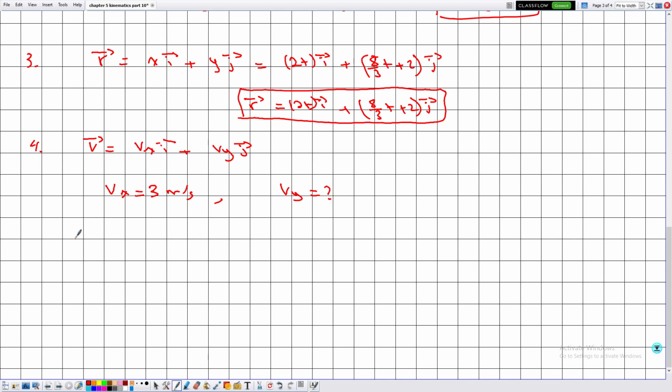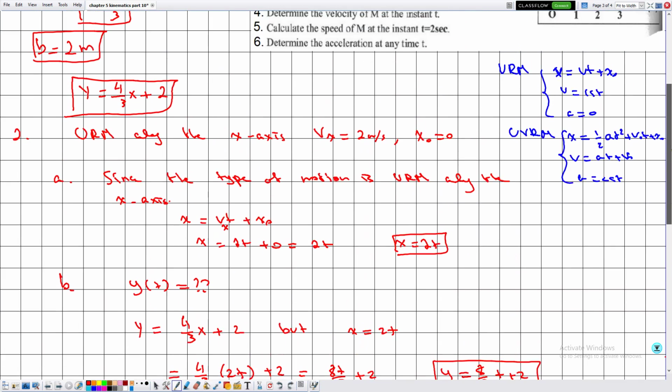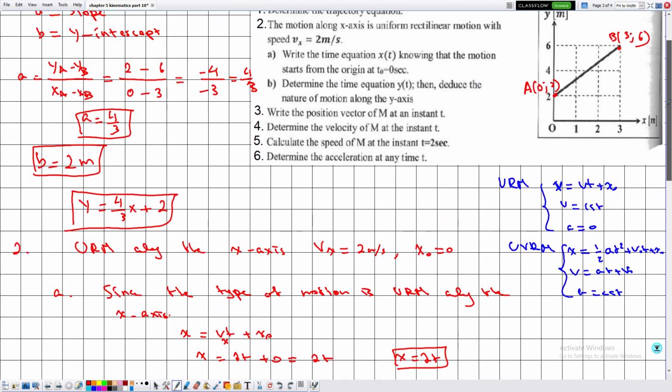So motion along the y-axis, we didn't specify that it is URM.